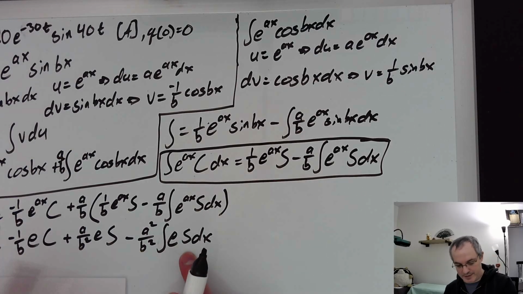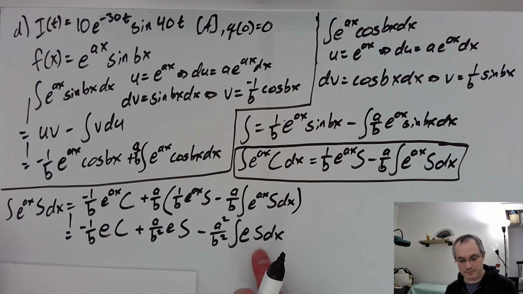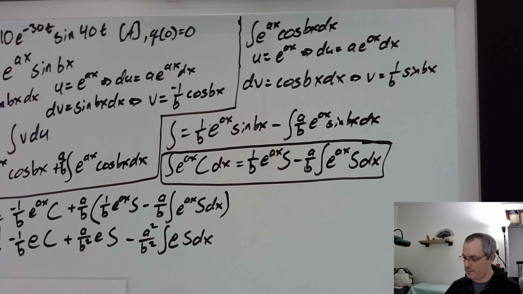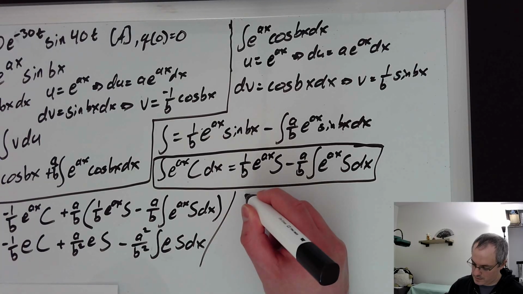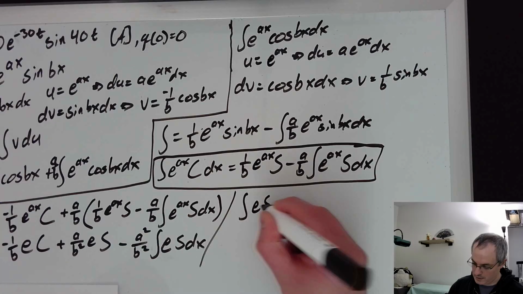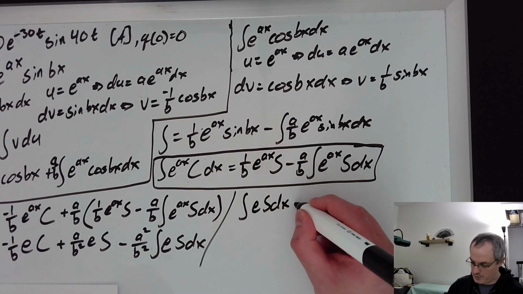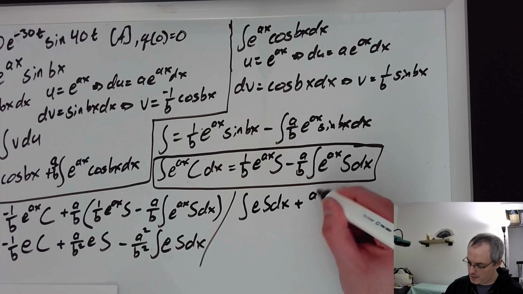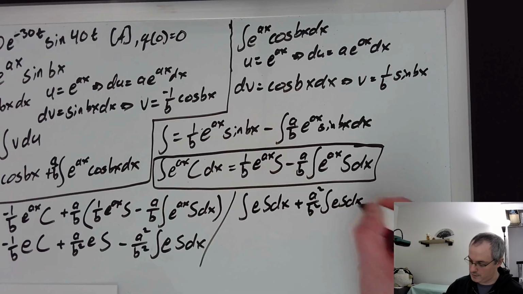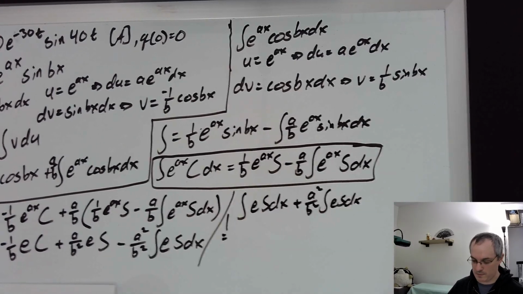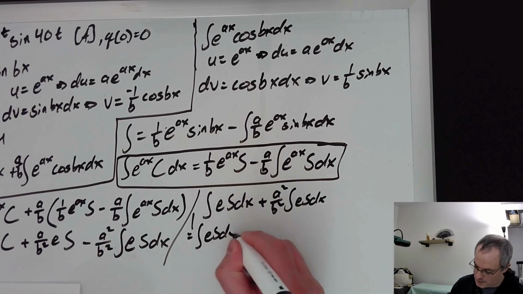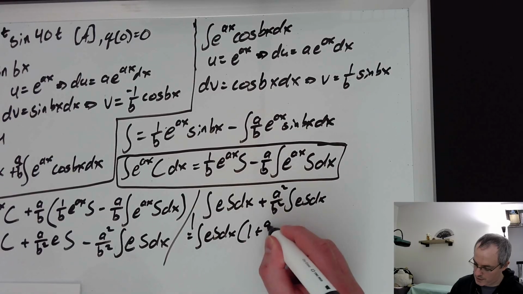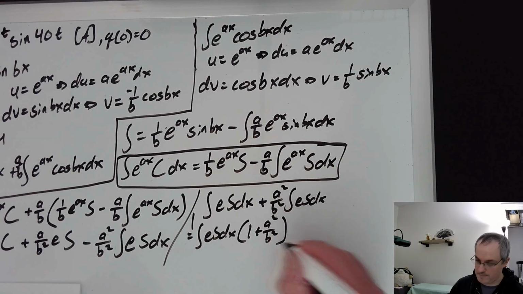Recognizing that this and this are the same integral, we can put those together and we get the integral of e S dx plus a squared over b squared integral e S dx. That is, of course, going to be the integral of e S dx times 1 plus a squared over b squared.